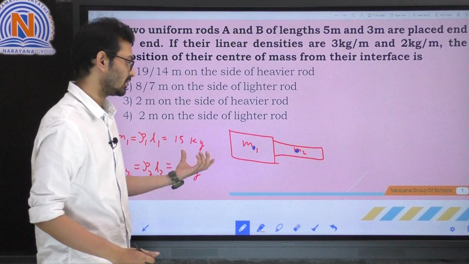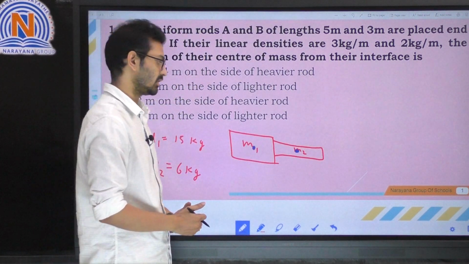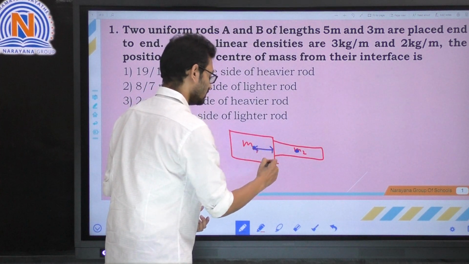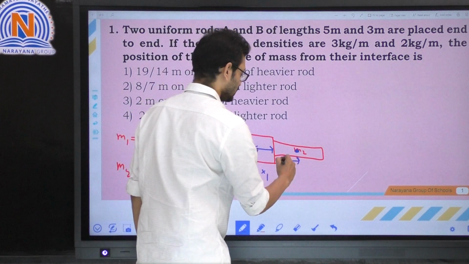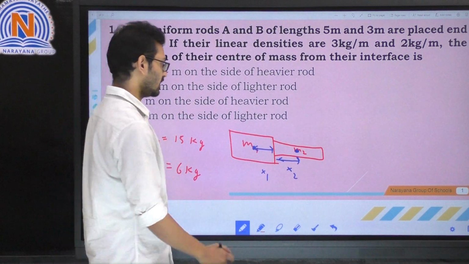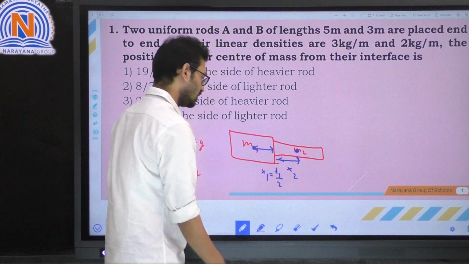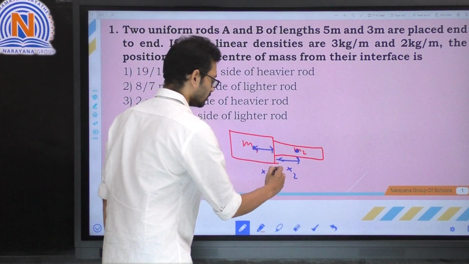Let the distance from here to here be x1 and from here to here be x2. So x1 is how much? x1 is equal to L1 by 2. L1 is 5, so x1 is 5 by 2.